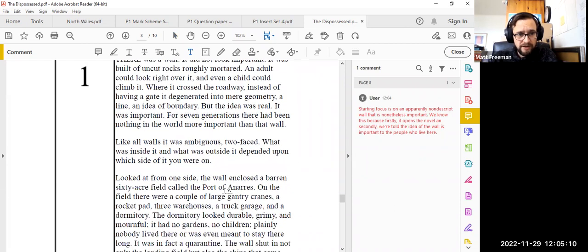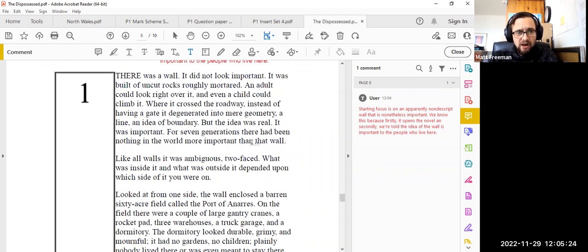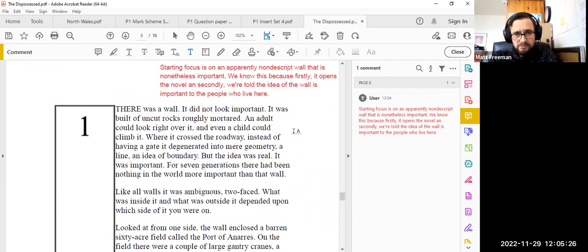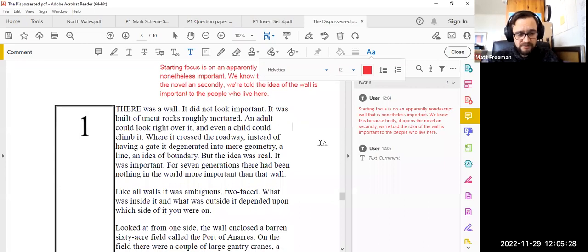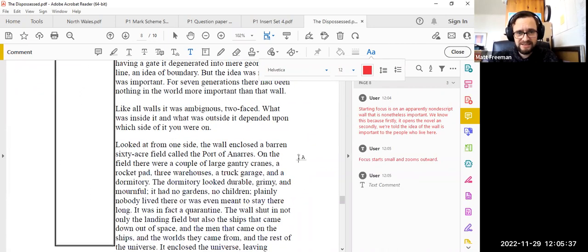So as we move on here, you get some more discussion. We are told here about the place itself. So the focus starts small and zooms outwards, because now we're introduced to a city, or at least the industrial part of a city.